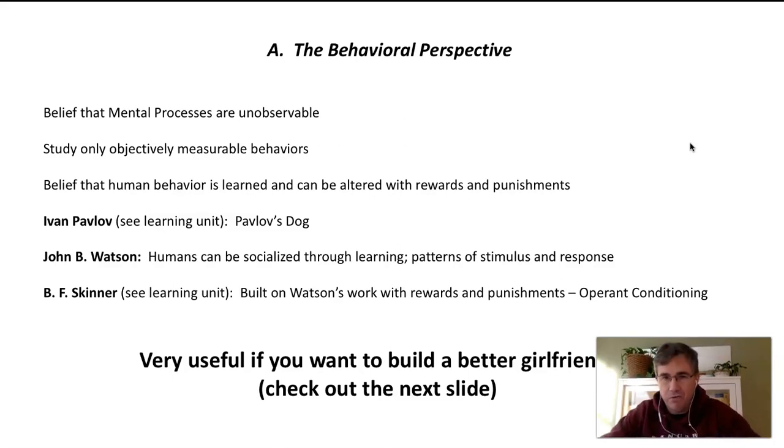The timeout chair for a small child, a star on your paper when you did a good job, a pat on the back, a trophy when you gave a good effort with your little league team. We can give rewards, and we can also give punishments, like you're grounded if you are not back home before curfew. So we use rewards and punishments to amend, change and alter human behavior.